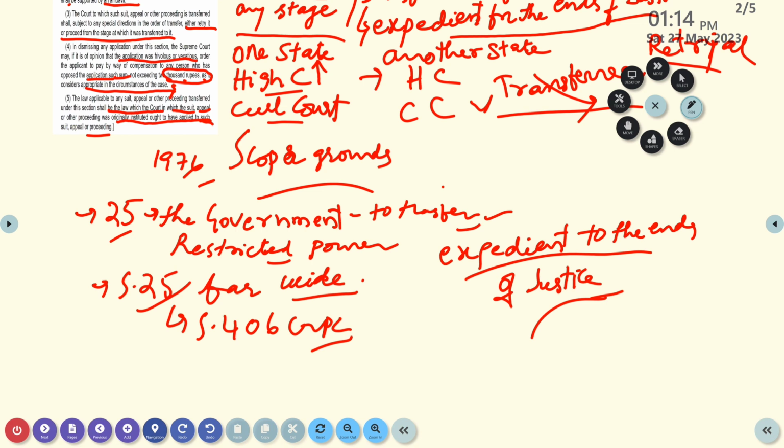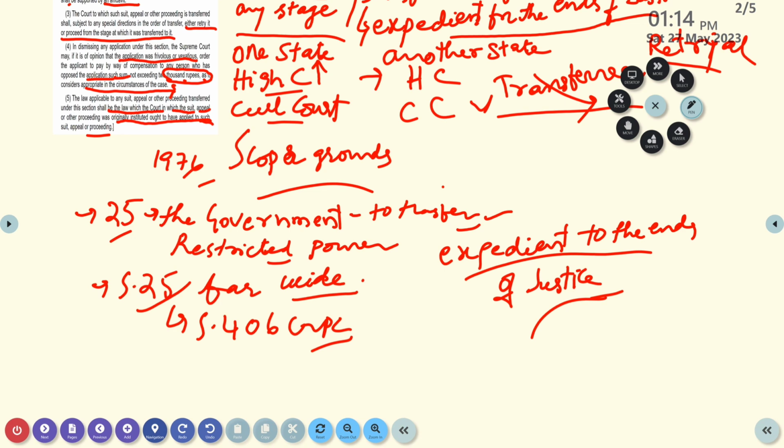What is expedient to the ends of justice? The statute says that only if it is expedient to the ends of justice can the Supreme Court transfer the suit, appeal or other proceeding.